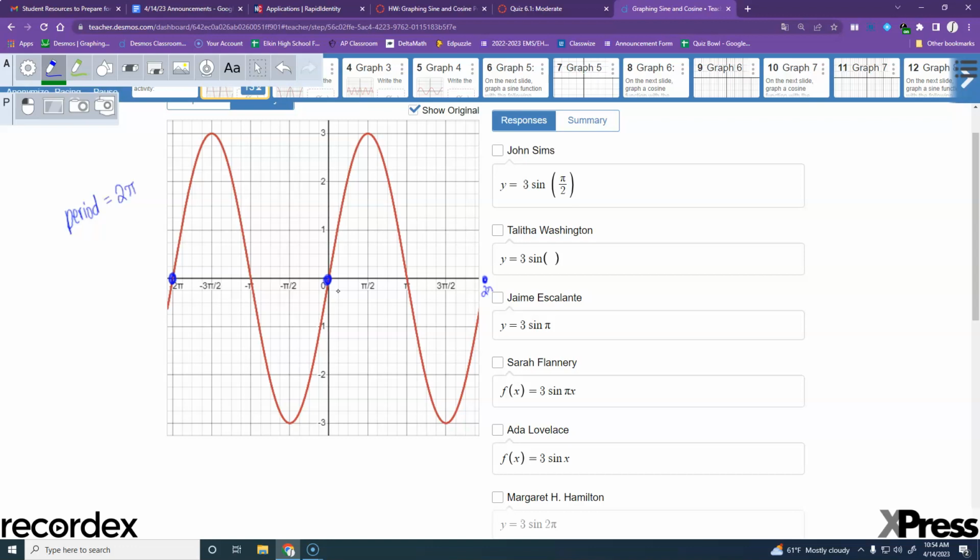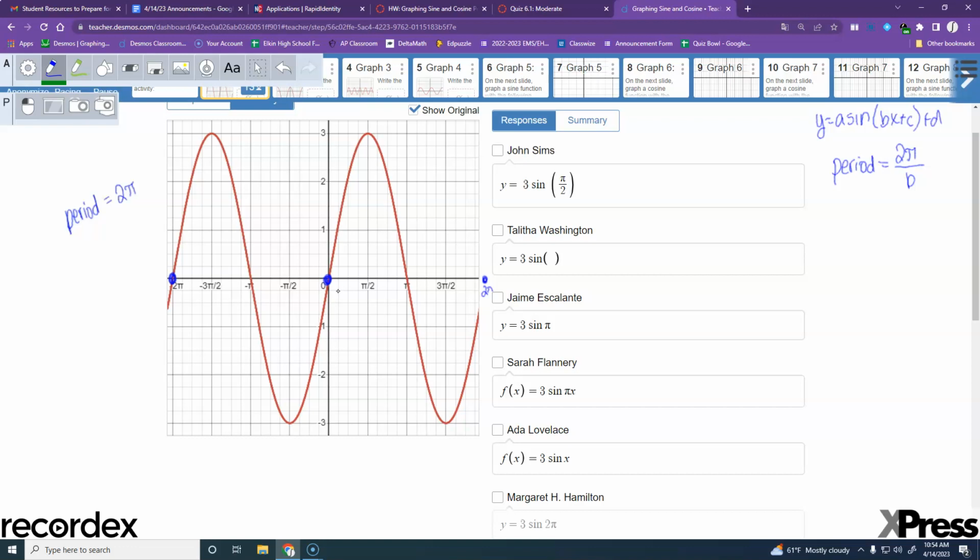Okay. However, 2 pi is not what we put into the equation, because to find the period, we do 2 pi divided by the b value, where we've got y equals a sine bx plus c plus d, right?